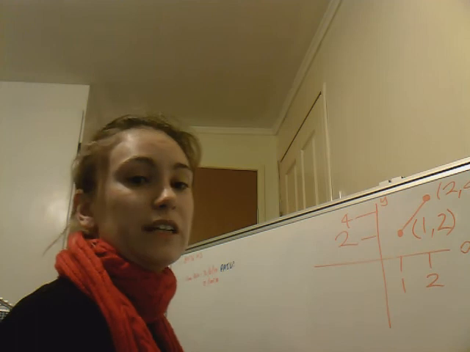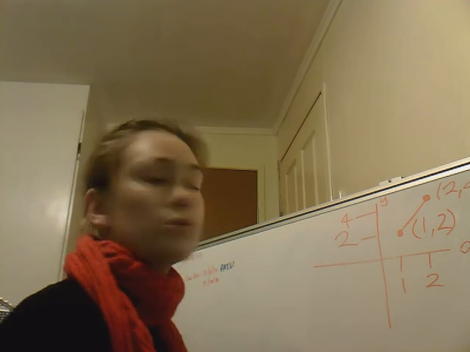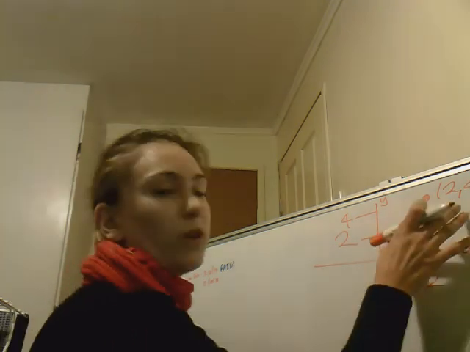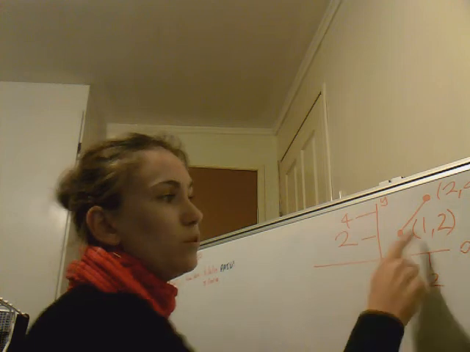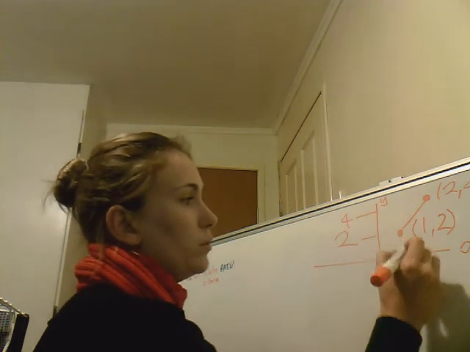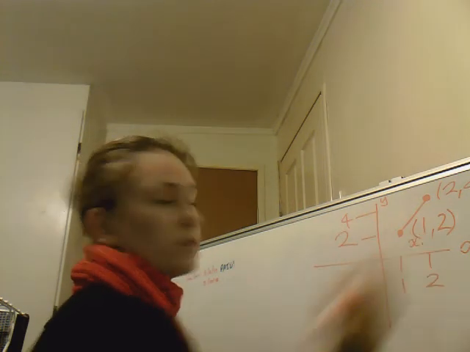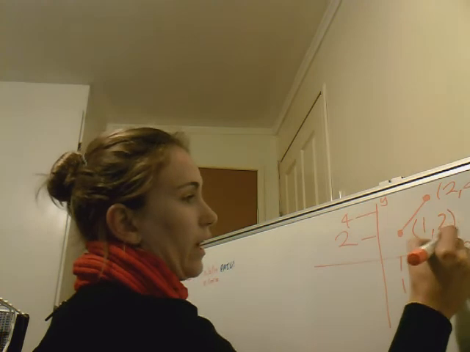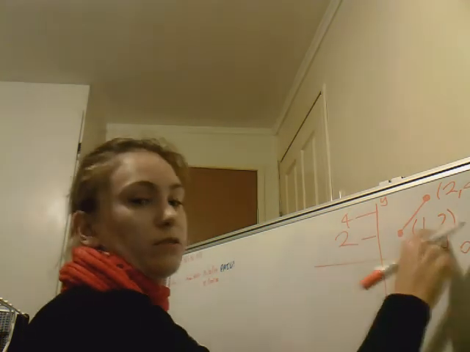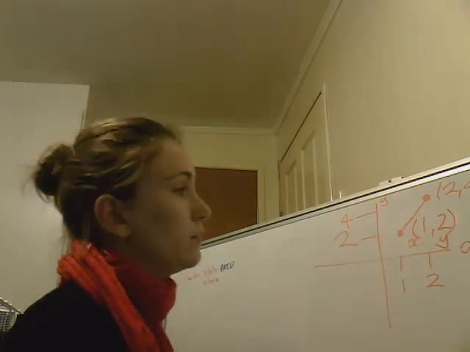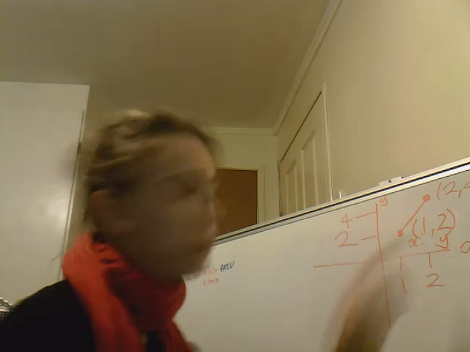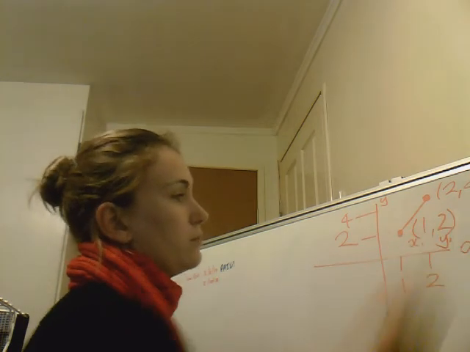We can actually label these ordered pairs too. This is my first point here, 1, 2. So I'm going to label my x value as x1 and my y point, which is 2, as y1.